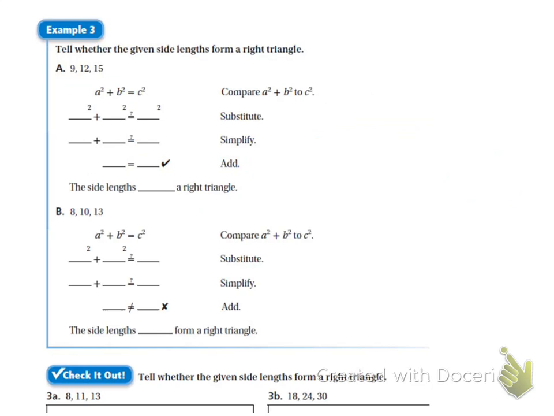Okay, last one, number 3, we have to tell whether the lengths form a right triangle. So sometimes when I have lengths, they don't form a right triangle. This one is too short, so it didn't form a right triangle. So we're going to check and see if these numbers work.